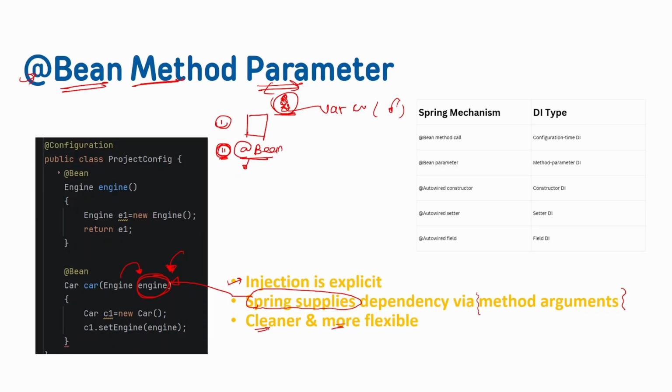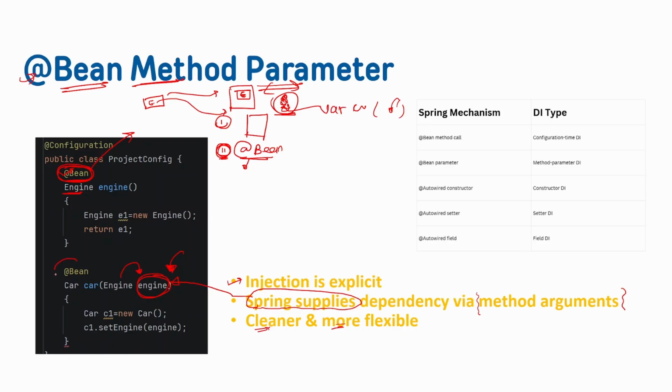First it sees that the engine is annotated with the bean. So first the engine is created and added to the Spring context. Here is our Spring context, and the engine dependency is created and injected into it.